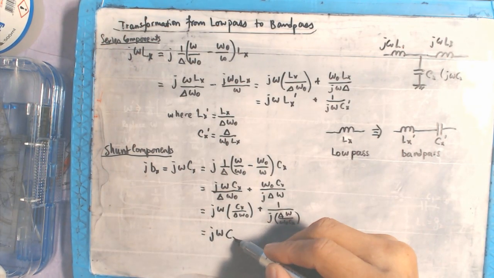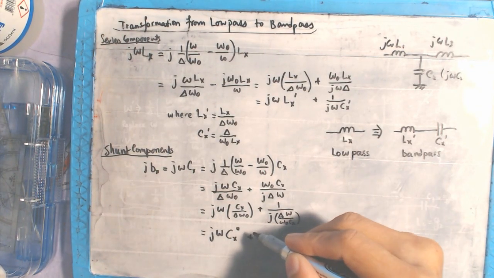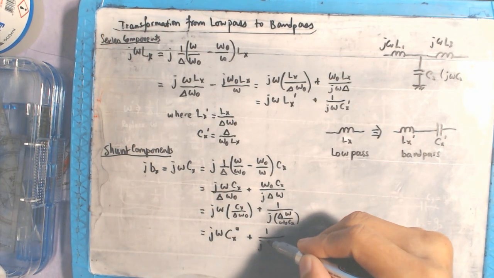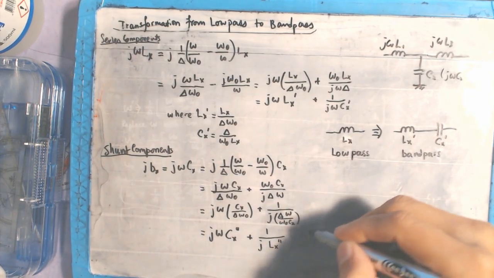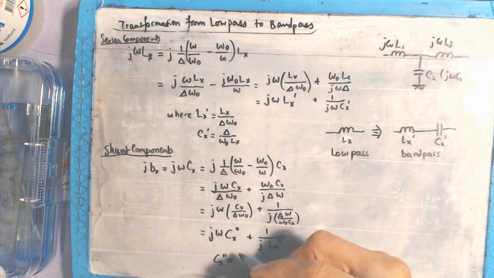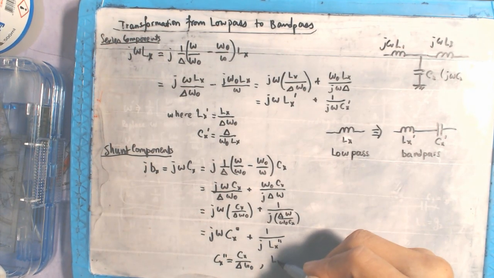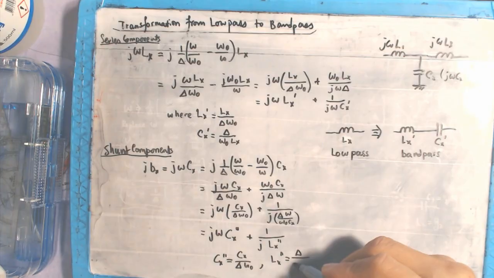I use double prime to represent the shunt component, and here 1 over J, and then Lx double prime, where Cx double prime is equal to Cx over omega naught, and Lx double prime is equal to delta over omega naught Cx.